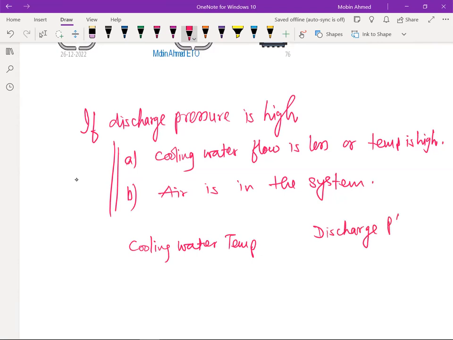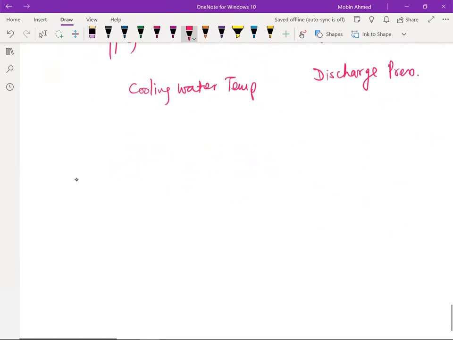This chart is always given in the manual. You need to look for it. Suppose your cooling water temperature is 38 degrees centigrade; this also depends upon the refrigerant you are using, 134 or 404.